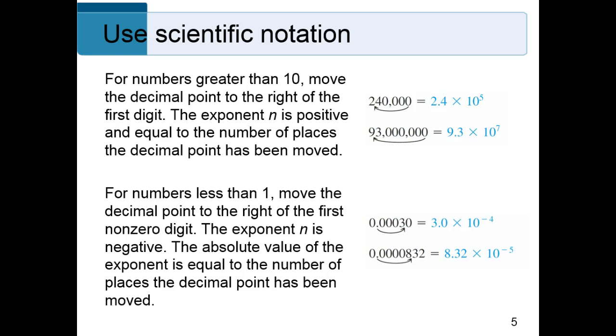Actually, the 0 in front is just to say, hey, there's the decimal. And those are just placeholders. So move it 1, 2, 3, 4 places. You get 3. That 0 is significant, so you put 3.0 times 10 to the minus 4. See that?